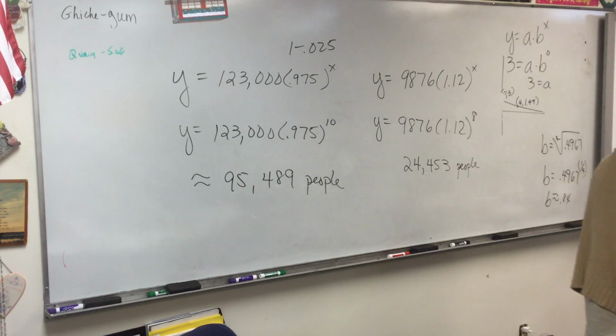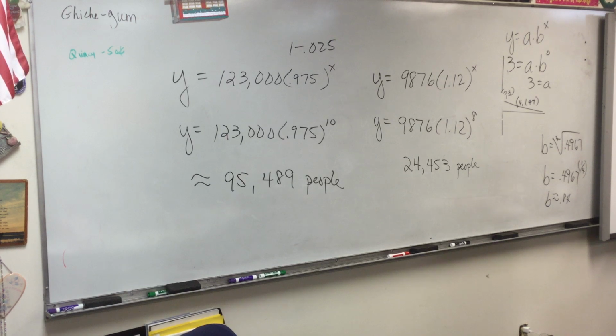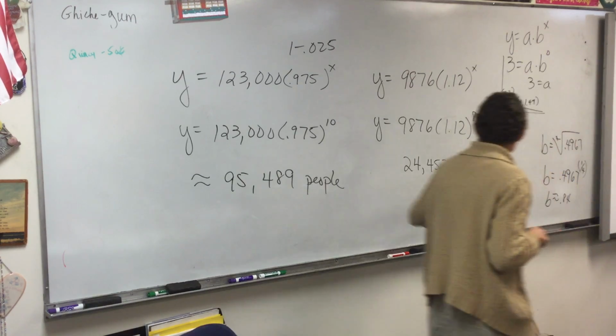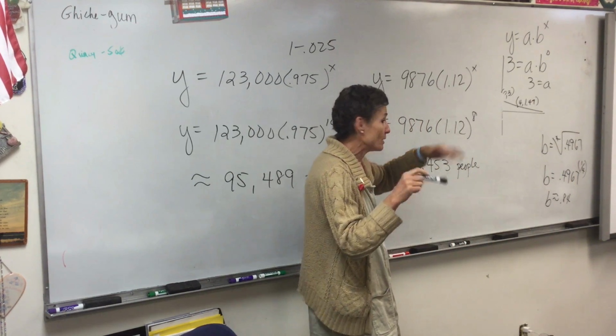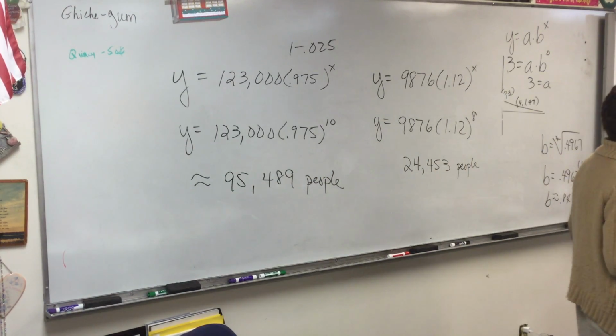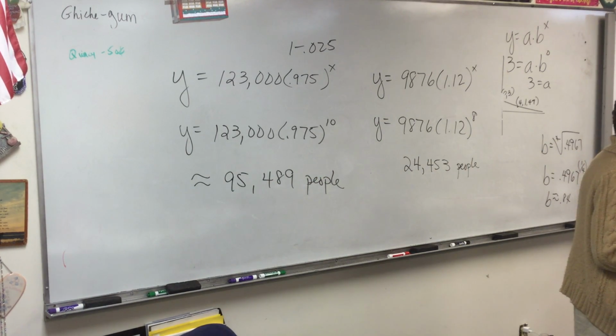While you're at lunch, if you don't have a calculator, you might find a friend who will loan you a calculator, because otherwise you're going to have to get one from me. You can't do this without a calculator. So if you didn't bring one today, find someone at lunch that will let you use one so you can have a calculator on the quiz.